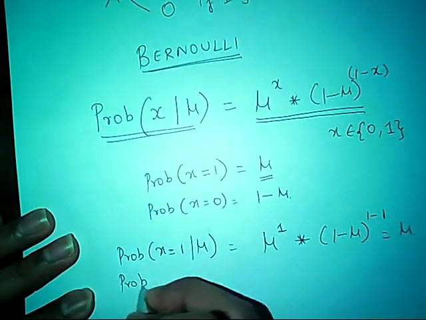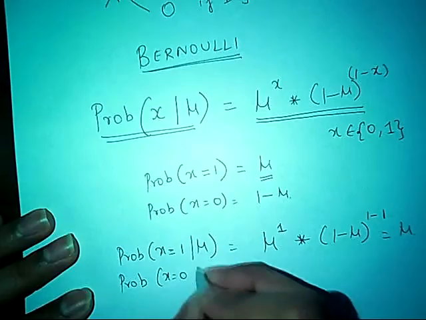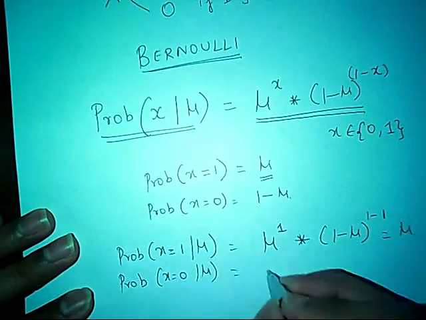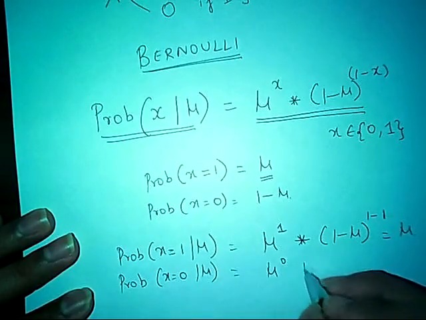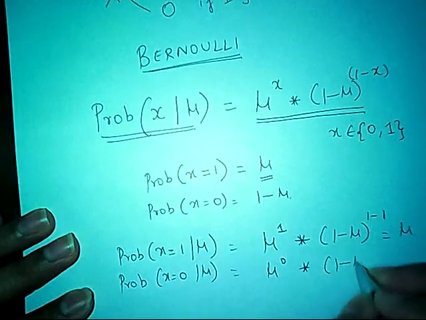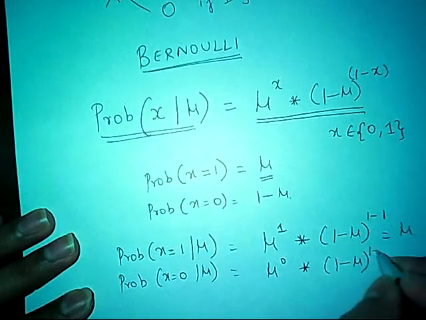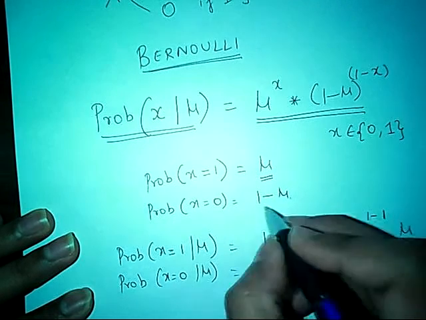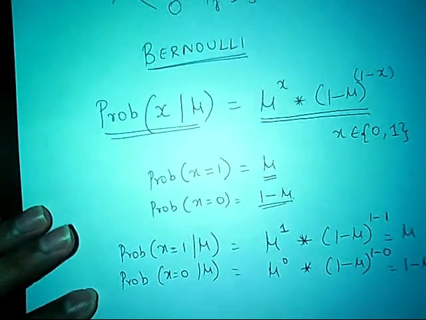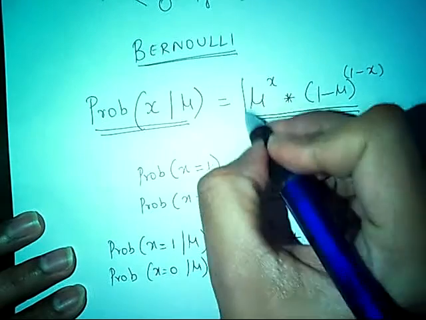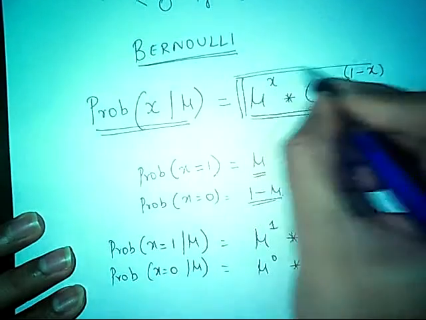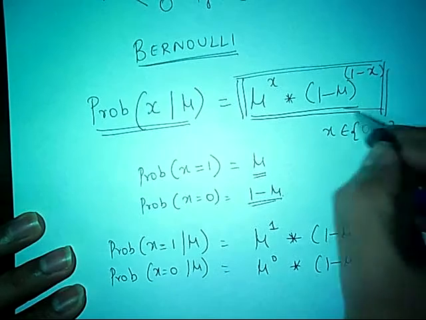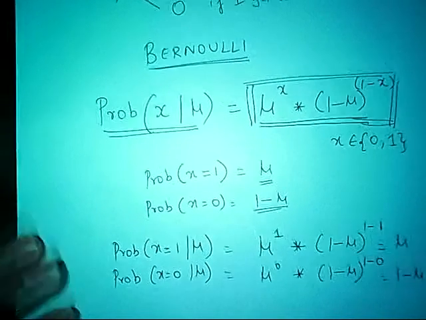Similarly, probability that x equals 0 given mu equals mu to the 0 multiplied by 1 minus mu power 1 minus 0, which is 1 minus mu, which is what we have seen earlier. So this is a parametric representation of the probability distribution for a Bernoulli trial.